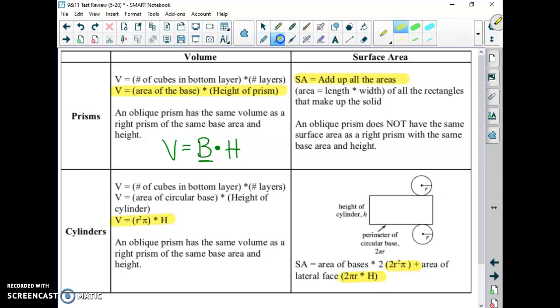There we go. Okay. So surface area of a cylinder, the area of the bases, r squared pi times 2 plus the height times the circumference. So 2 r pi h. So that would be your surface area of a cylinder.